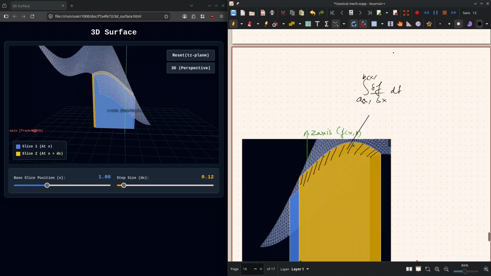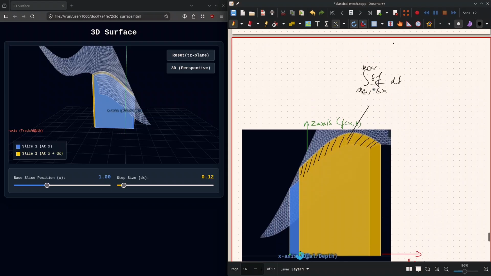So now let's look at what this integral tells us. See, delta f is the infinitesimally small increase in f, that is this height, right? Delta f, a small increment in the height when we take a small step dx.